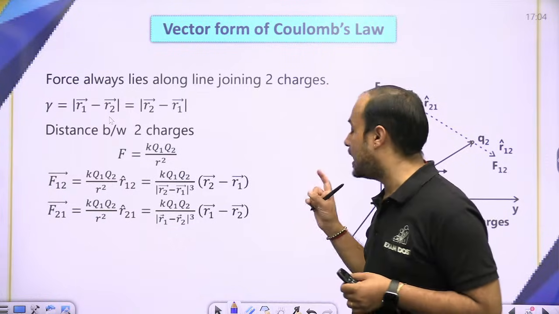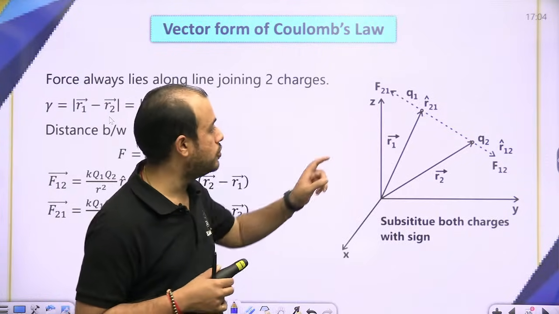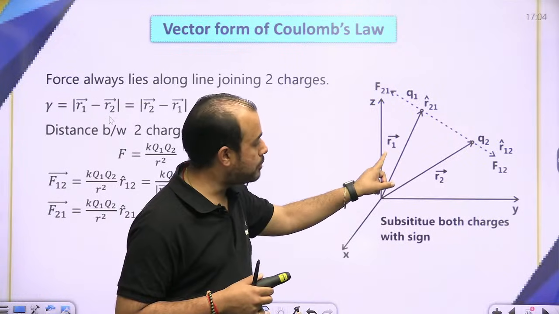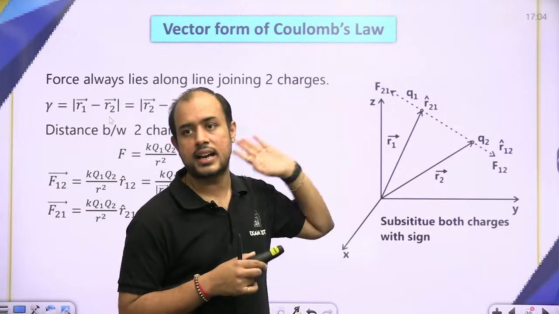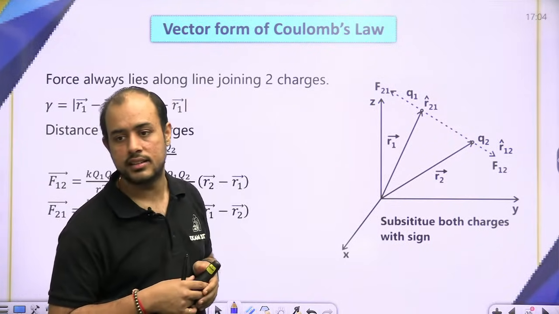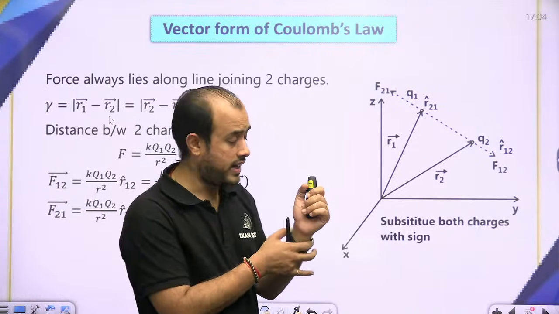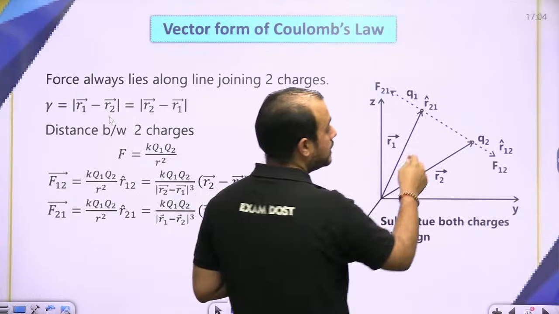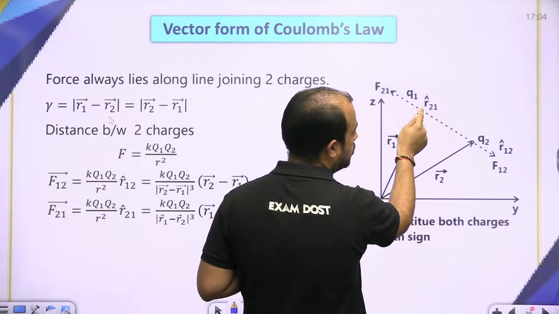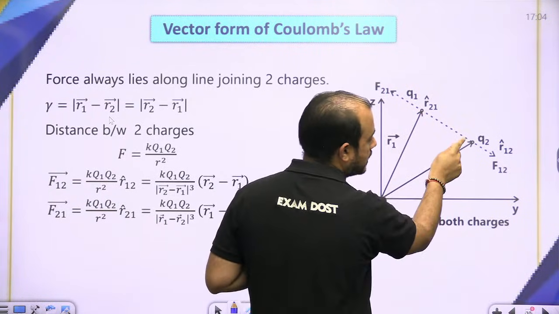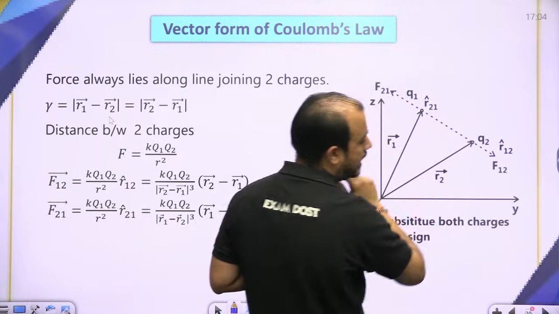So suppose, beta, I have two charges Q1 and Q2 where the position vectors of these charges are R1 vector and R2 vector. Now the vector from 2 to 1 is R21 and the vector from 1 to 2 is R12.